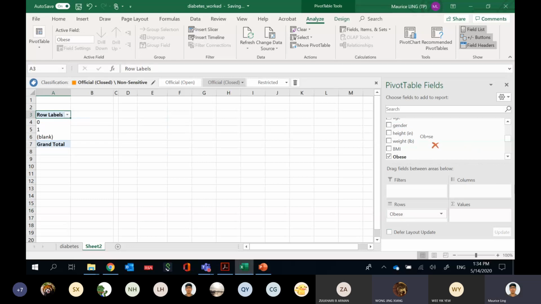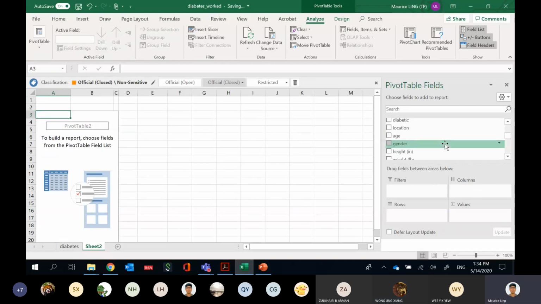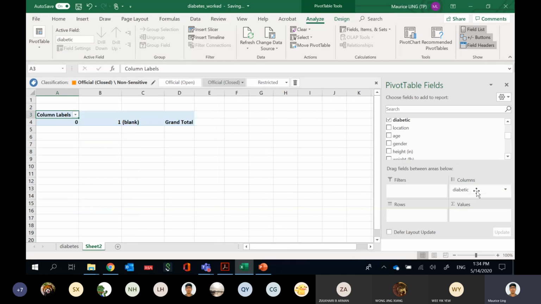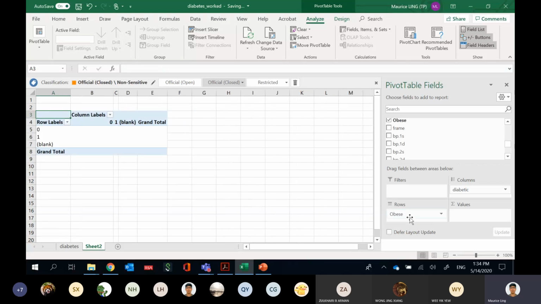So you see, since I want the columns to be diabetic, I just click on it, drag, and drop into the columns. See this? I drag into the columns. Same thing for obese. I drag and throw inside the rows. Okay, I got it. Thank you.